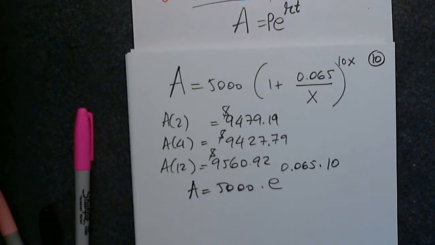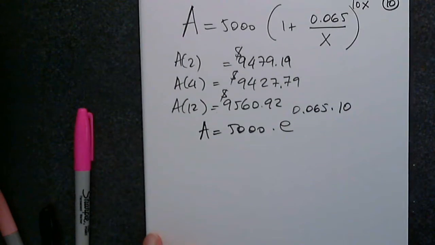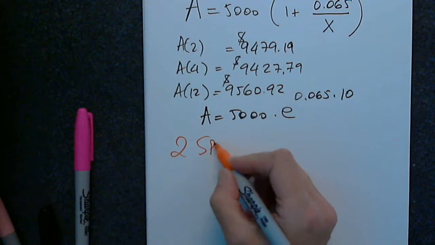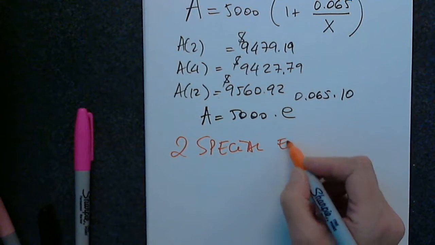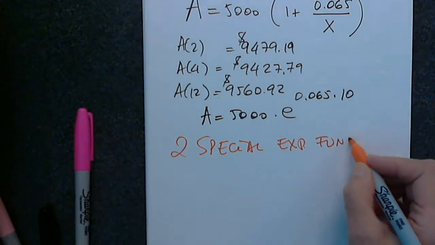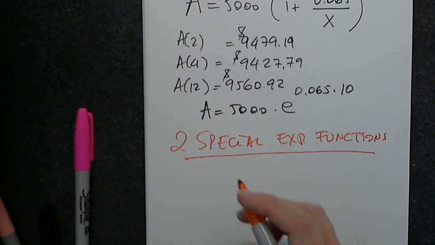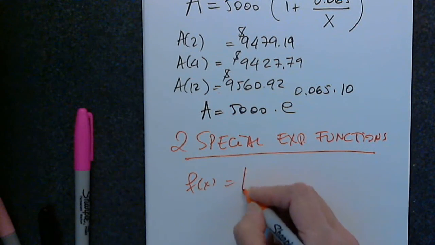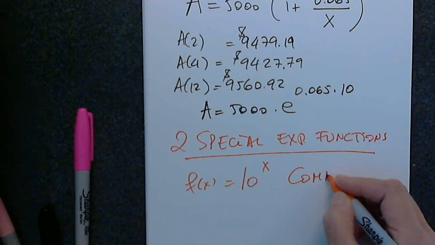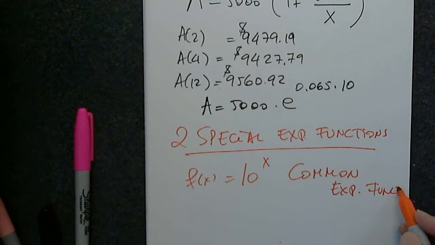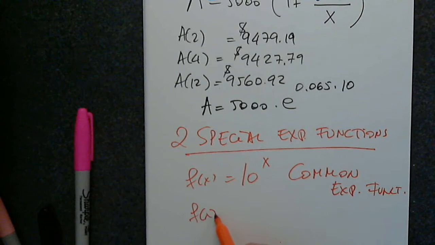Okay, before we do this, I just would like to mention that there are two special exponential functions. One is called the common exponential function, and the other one is called natural.